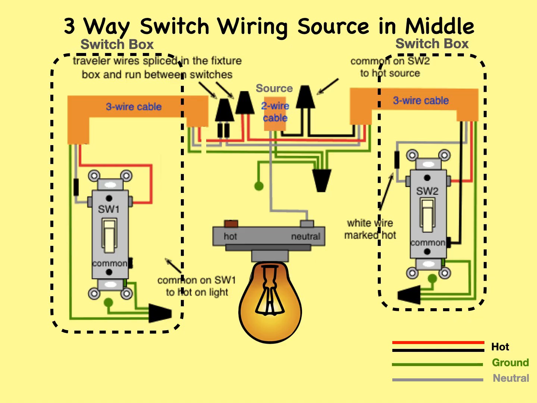The hot terminal on the light fixture is connected to the black wire running to the common terminal on switch number 1. The red and white cable wires are spliced in the fixture box and run to the traveler terminals on both switches. They do not connect to the light fixture. The white wire again is marked with black on both ends to identify it as hot.